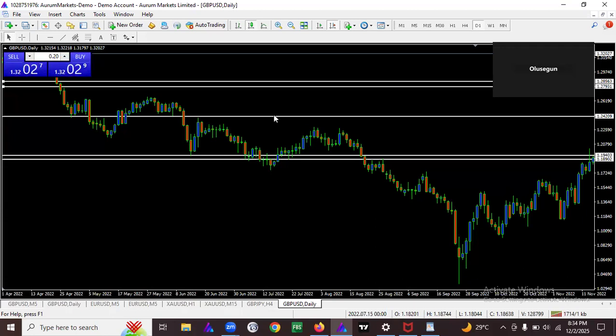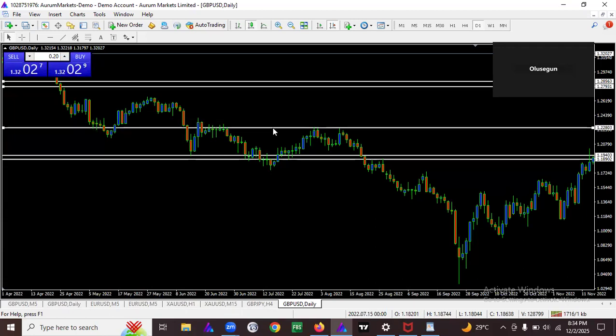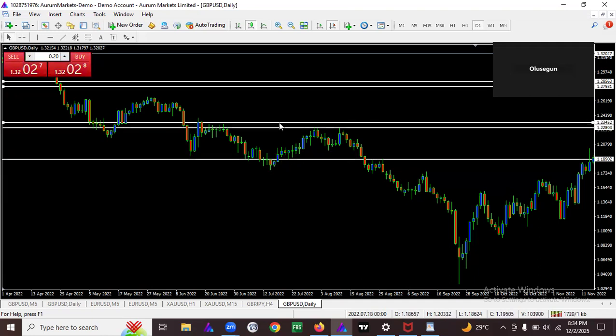See this. We had this resistance at this point. Price came, tested that resistance level, sold, traced back, tested that zone, sold. You see that?